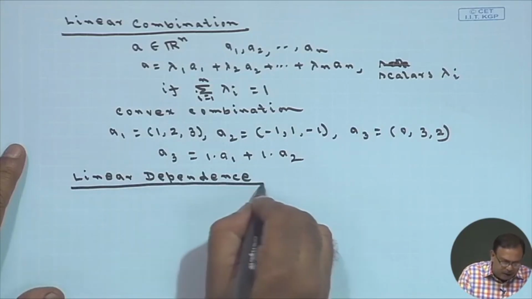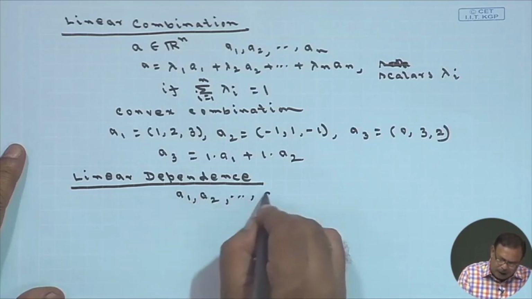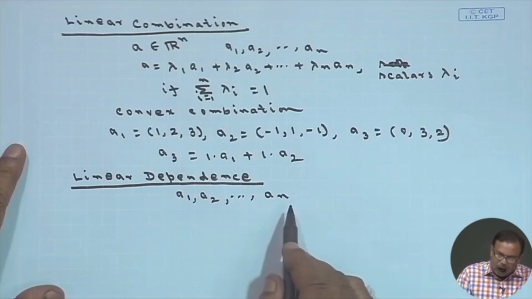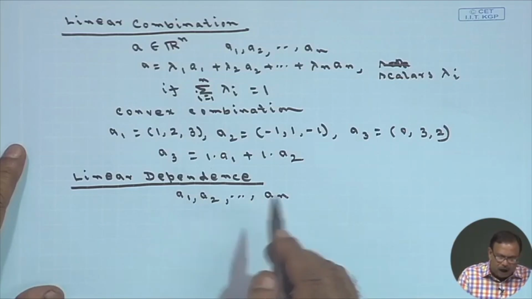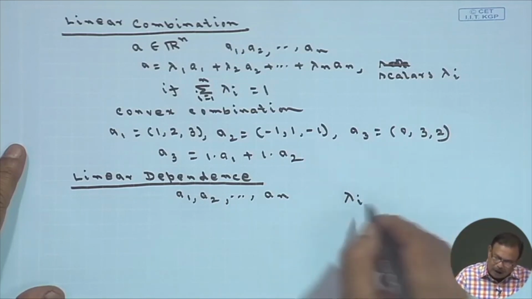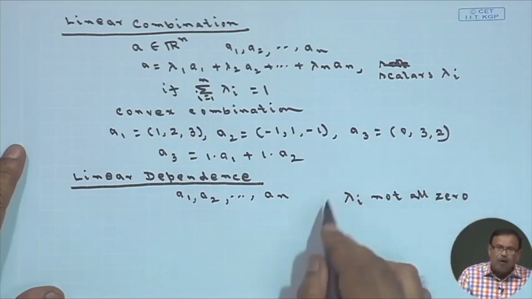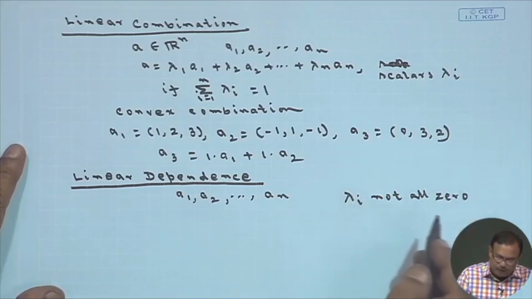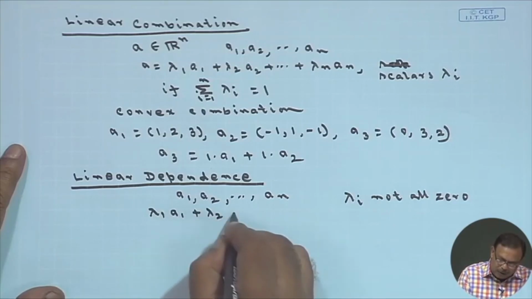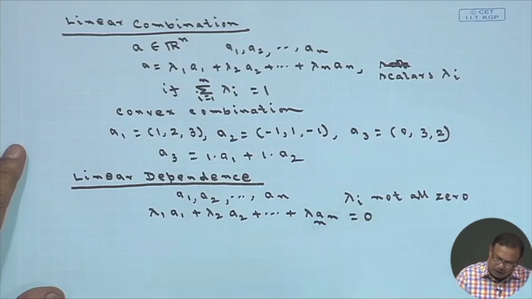Linear dependence. You have a set of n vectors A1, A2, ..., An, and I will say that this set of n vectors is linearly dependent if there exist some lambda i's, not all 0, such that lambda 1 A1 plus lambda 2 A2 plus and so on plus lambda n An equals 0.